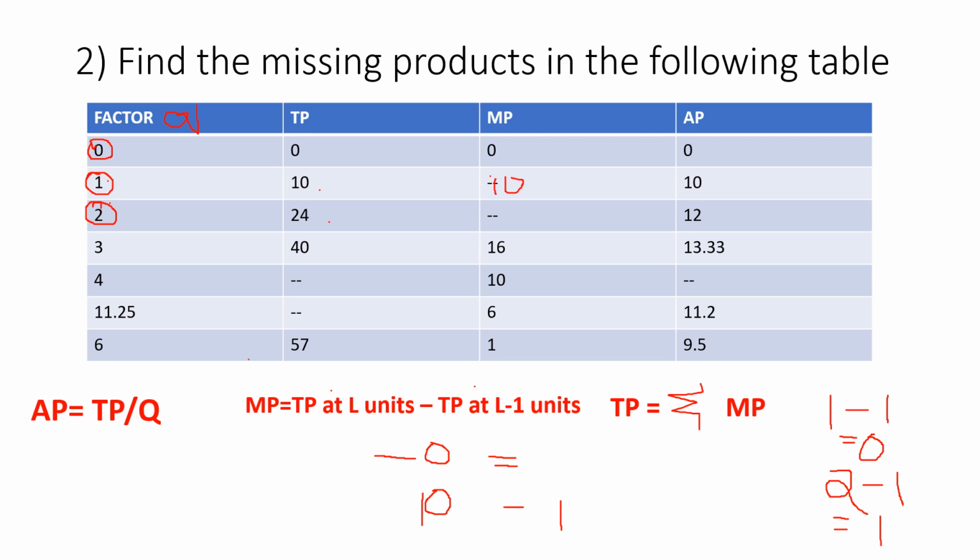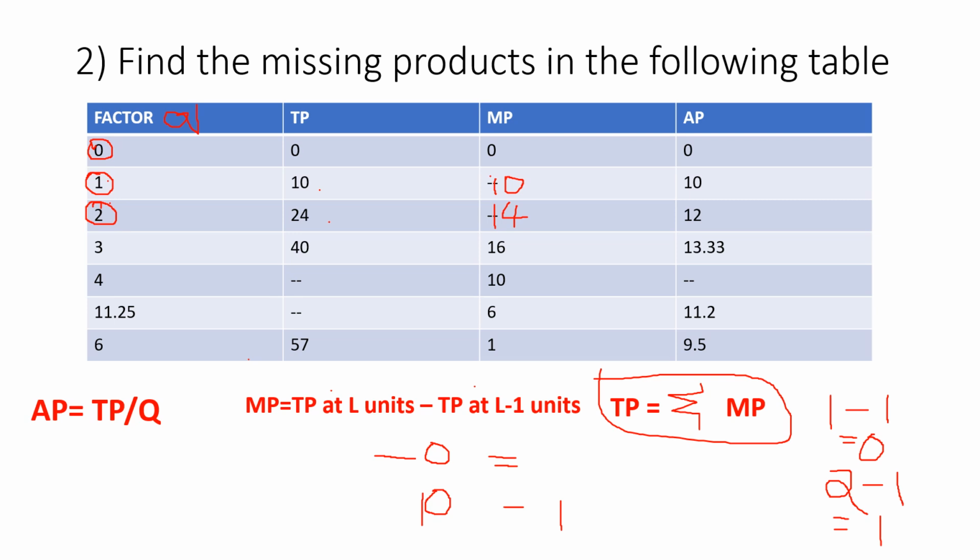So here it was 10, then 10, and then it was 14, correct? Okay, 10 and 14. Now total product is nothing but the total of marginal product, sigma MP or summation of MP, however you read. So how to calculate? 0, 10, 24, 40, this much is given.